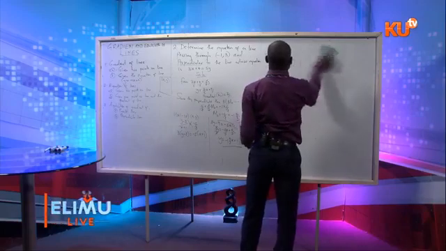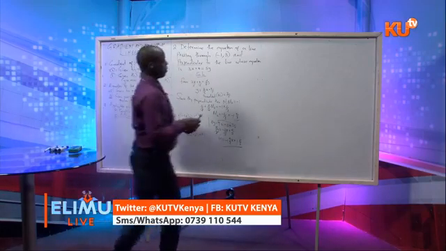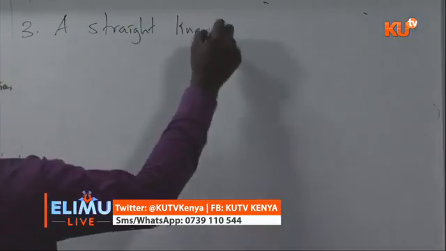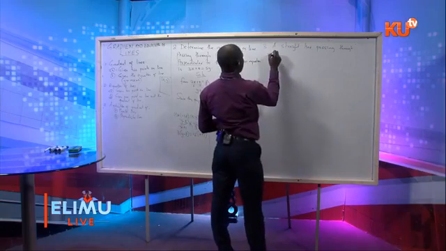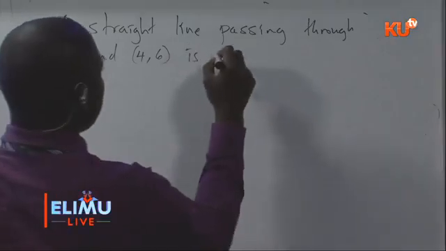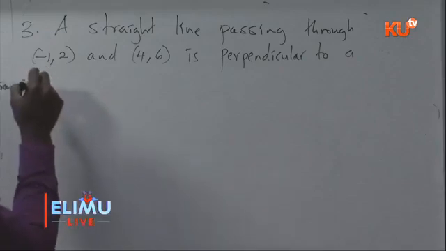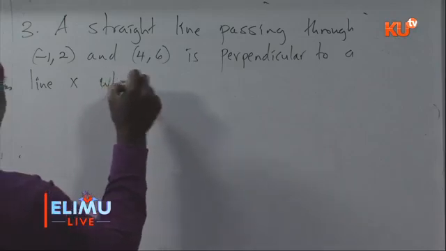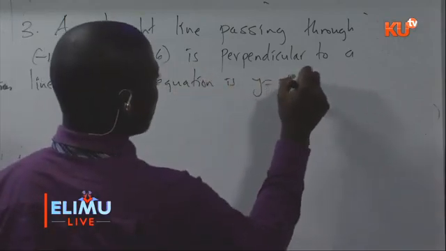So finally, we can now have a question of this kind. A straight line passing through -1, 2 and 4, 6 is perpendicular to a line x, whose equation is y = -2x + 5.